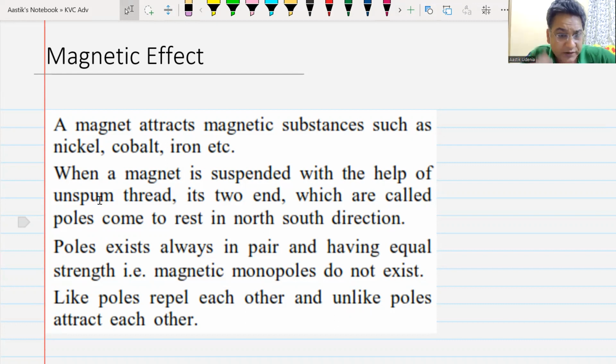Now, what we are going to understand here is the concept of a bar magnet. What do you mean by a bar magnet?